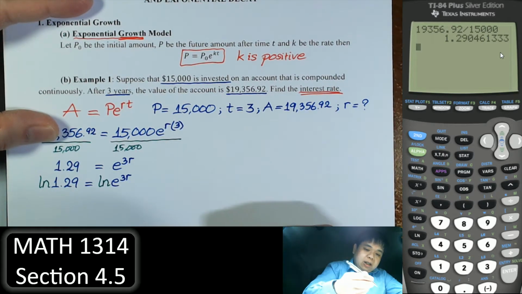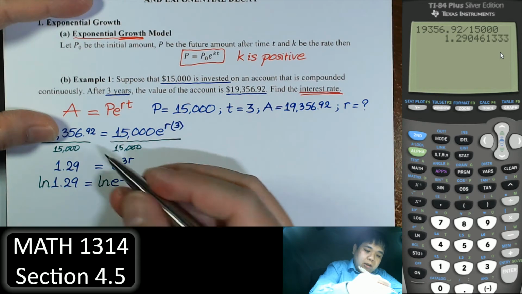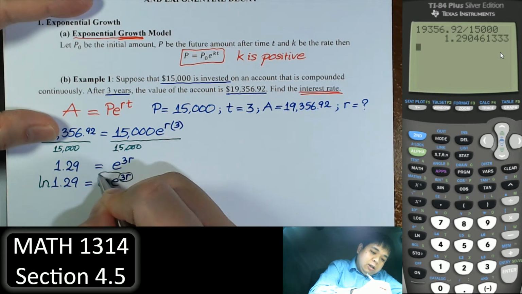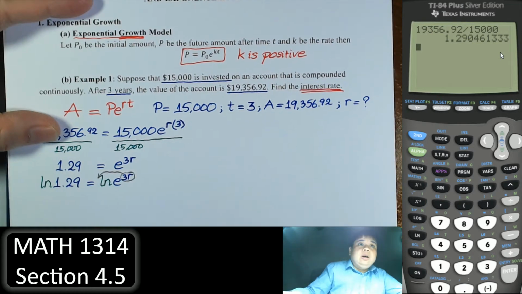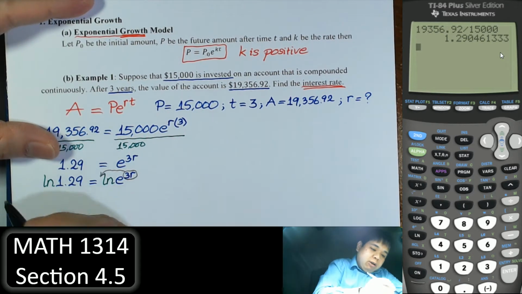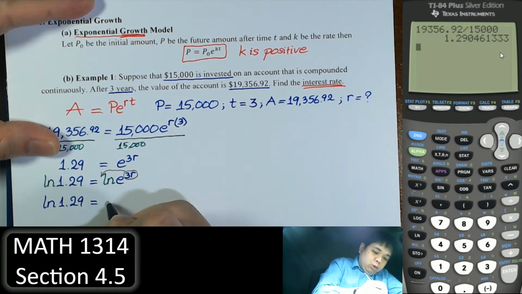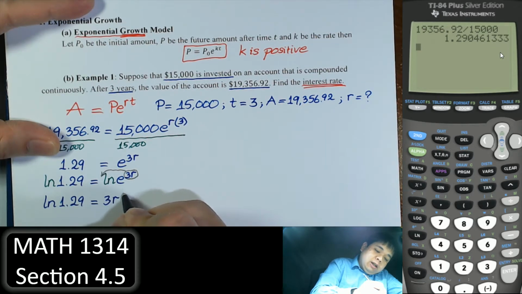So with that, we can take the 3r, the exponent, outside, and we have ln of 1.29 equal to 3 times r times ln of e.